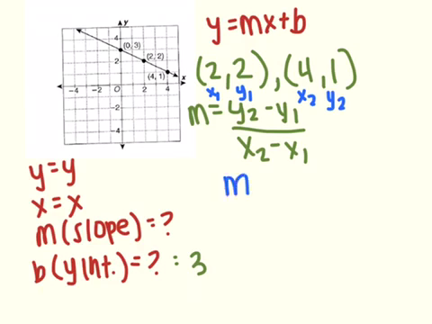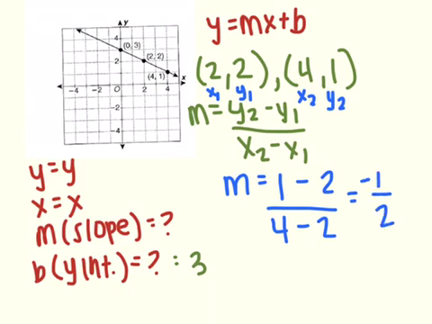So m equals y2, which is 1, minus y1, which is 2, over x2, which is 4, minus x1, which is 2. So you get negative 1 over 2 as your slope.